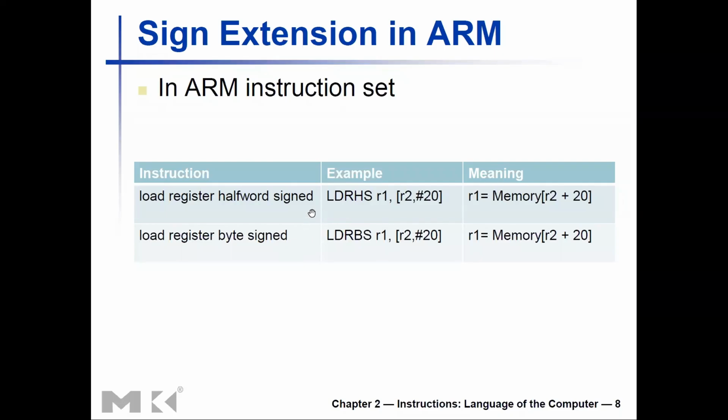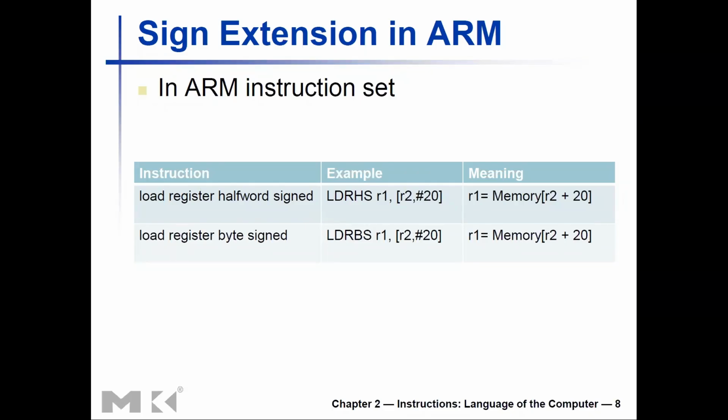And we already have looked at LDR. You used LDR to load a particular value from memory into a register. The same thing we will be doing here as well. The only difference is that with LDR, you loaded a full word.